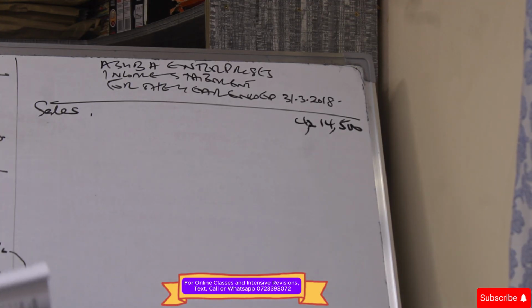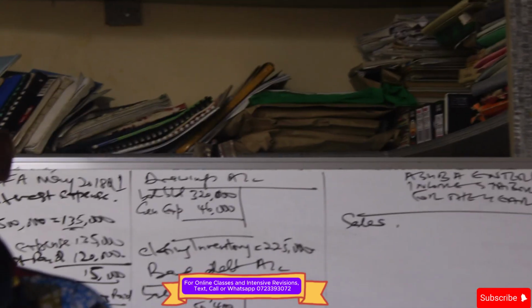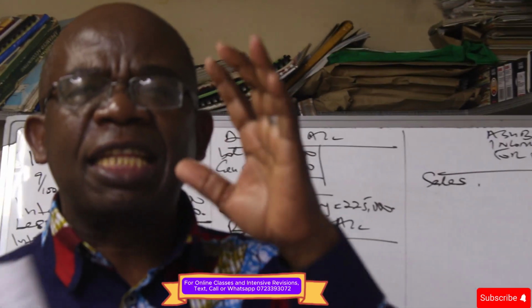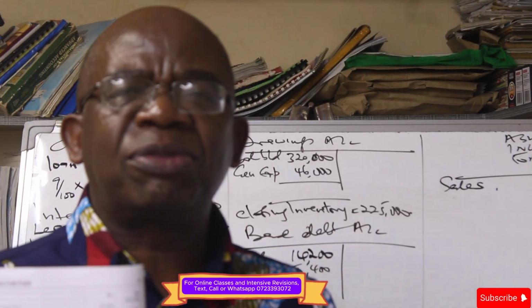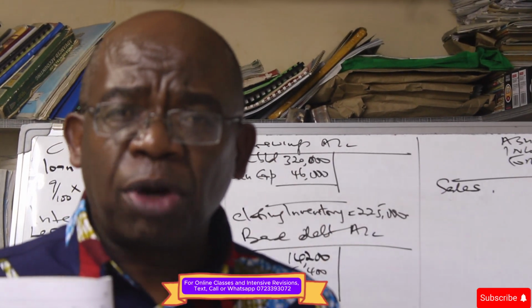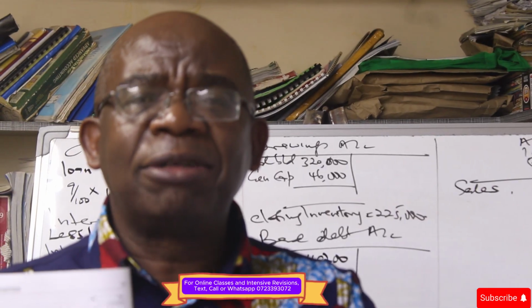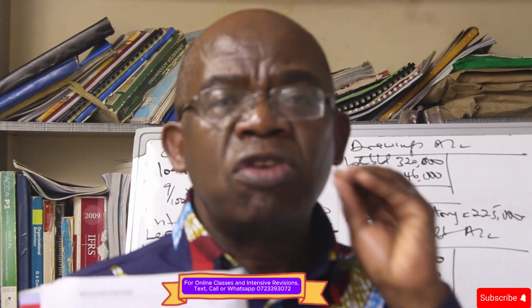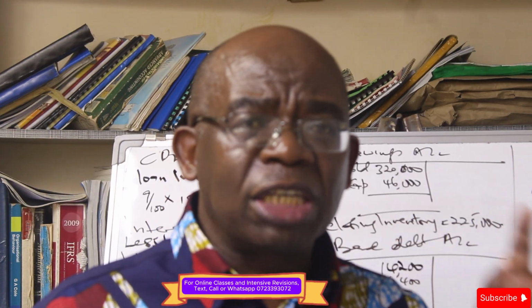Always remember to have your format in the head. You can never go to a financial accounting exam before you have memorized the format for the income statement and balance sheet, for sole proprietorship, for company accounts, and for partnership. Even the format for statement of cash flows. You must remember sales less returns inwards, get net sales, less cost of goods sold: opening stock, add purchases, add carriage inwards, less returns, get cost of goods available for sale, less closing stock.